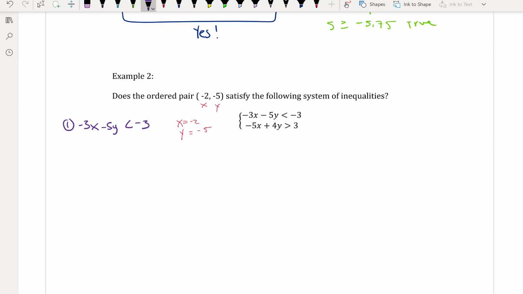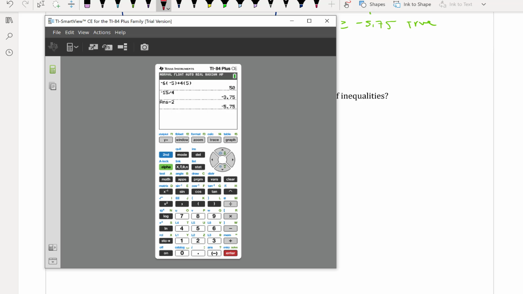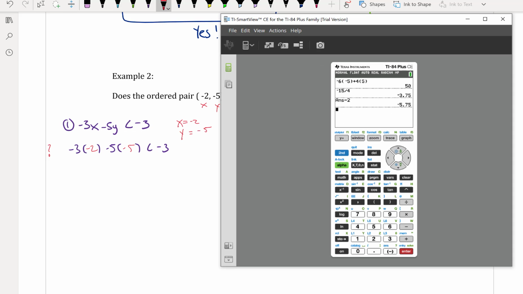So I'm going to plug that in. The x value is -2 and the y value is -5, and this is a question mark. I'm not sure if this is true or not. Let's see if it's going to be true.